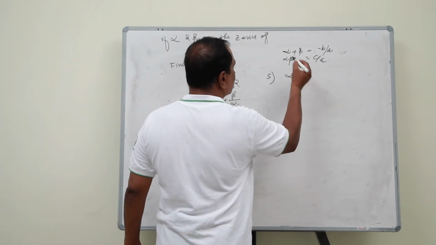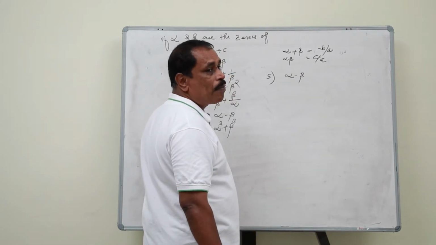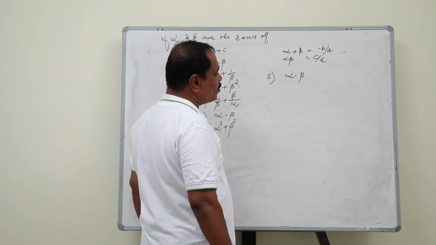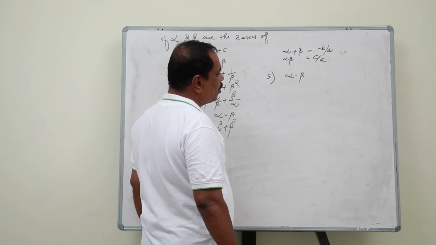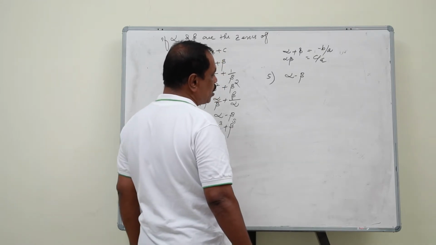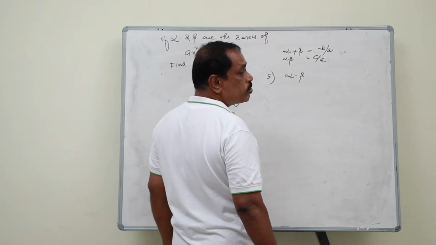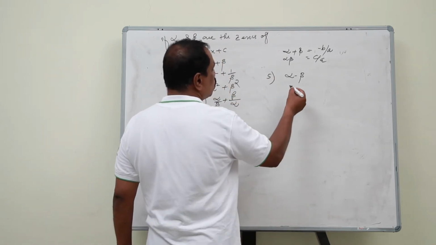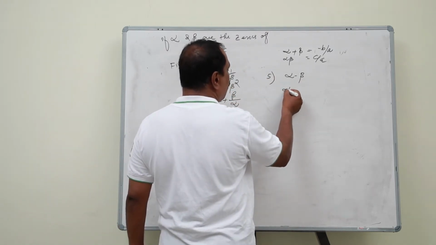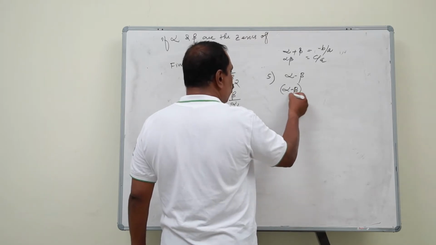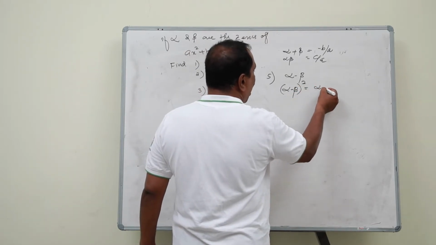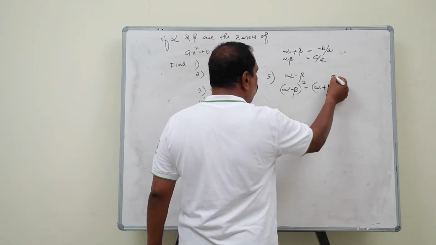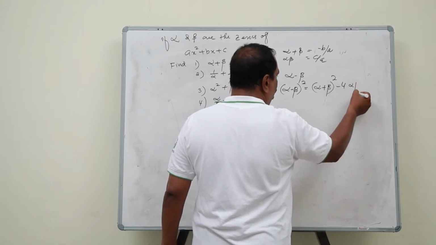Alpha minus beta. First we will find out alpha minus beta the whole square, equal to alpha plus beta the whole square minus 4 alpha beta.